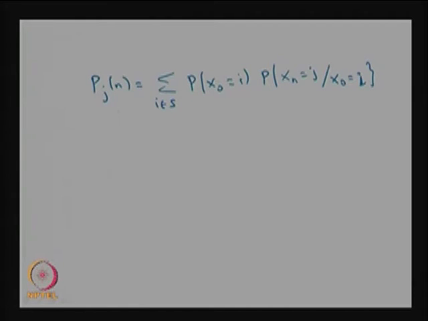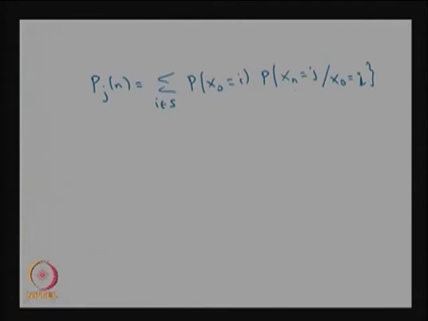This is the probability that the system will be in state j in the nth step, that is, over all possible ways the system could have moved from state i at the 0th step to state j in the nth step.